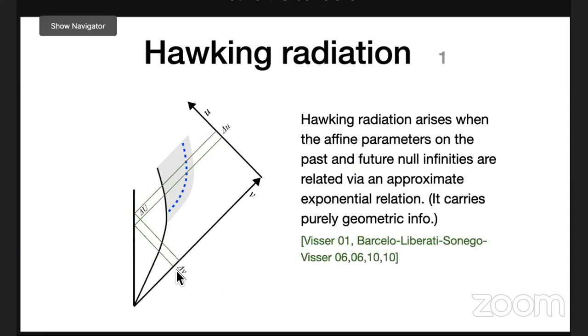It looks like U is ingoing and V looks like outgoing in that figure.